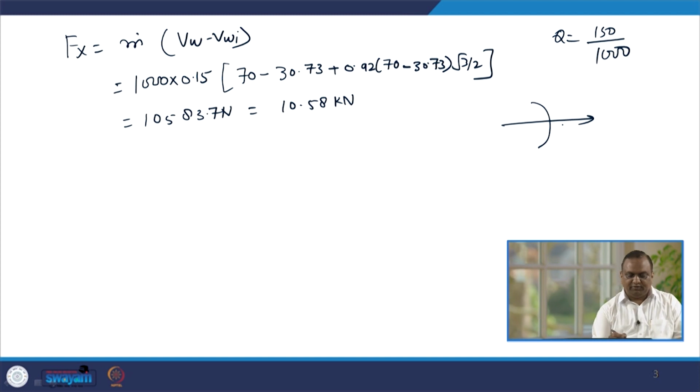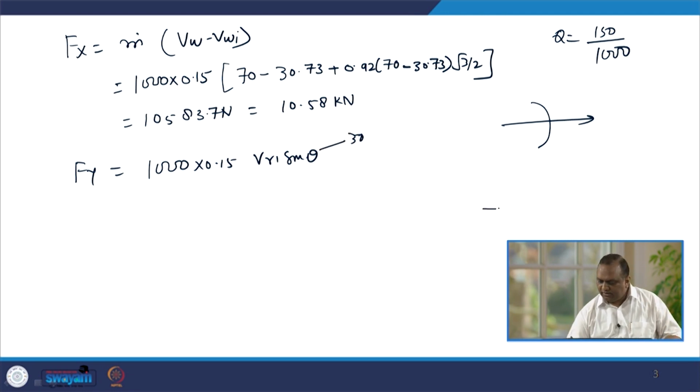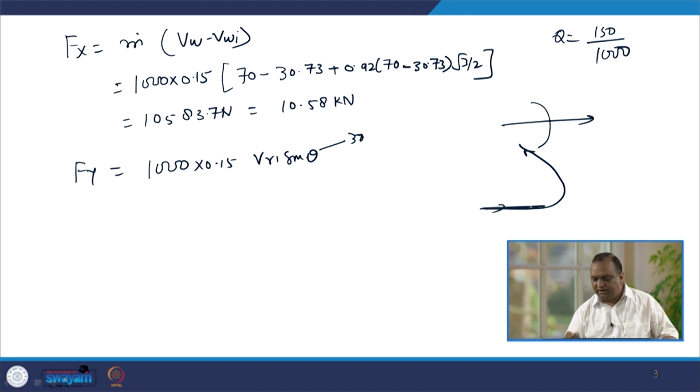So, there is going to be the y component, Fy, right? The value of Fy is again mass flow rate and Vr1 sin theta. Sin theta is here, sin 30, because in this vane the situation is like this. The movement of the fluid is like this. Because the movement is horizontal, only in x direction, there is no force in y direction.